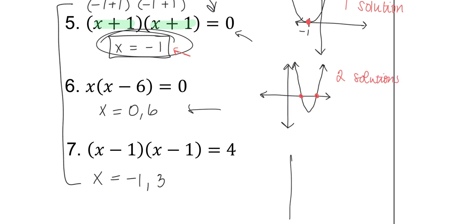And then lastly, just as we've had in units past, we could have no solution as well, which just means we don't touch the x-axis at all. Those are our three options and what they would look like in terms of a graph, which again, we'll be talking about a lot more throughout this unit.